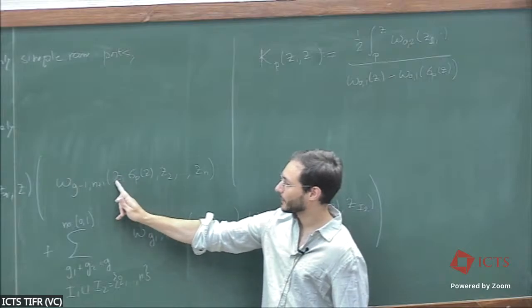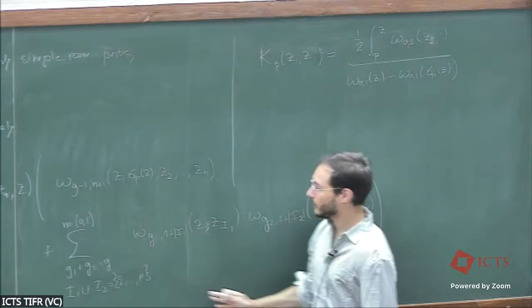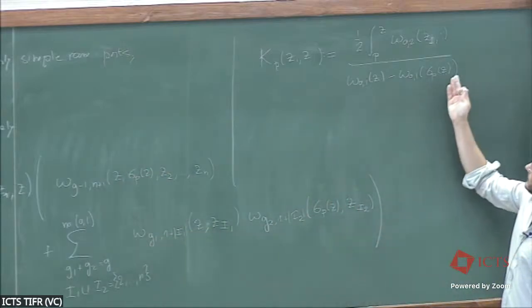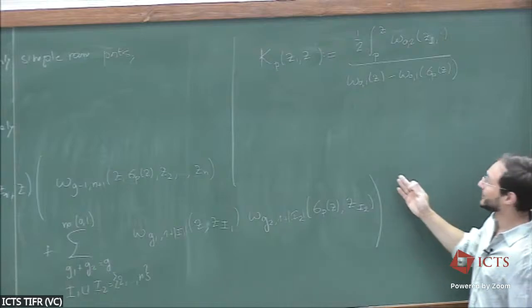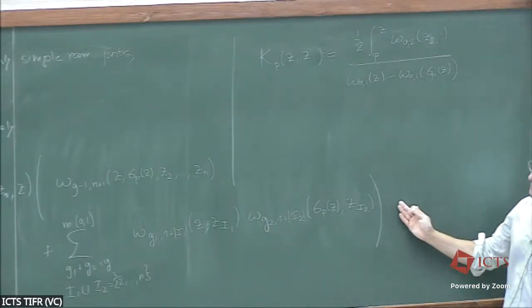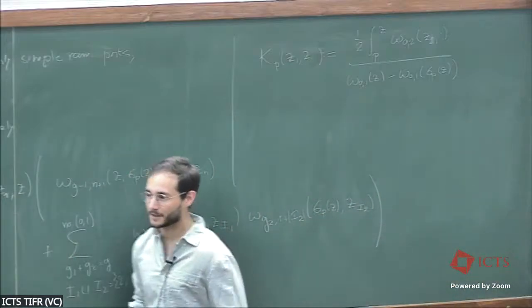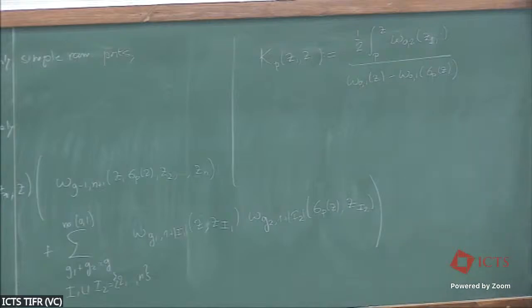So it's a one-form in z times a one-form in z again. So this is a quadratic differential. And so the whole thing inside the residue is going to be a minus one differential times a quadratic differential. So it's actually a differential, and then it makes sense to take the residue, okay?